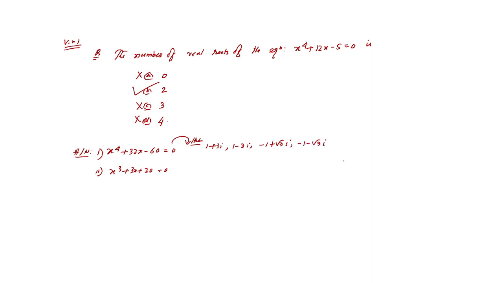That means all roots are complex, and in that question the number of real roots is 0. And here you will see the answer: half of minus 3 plus minus root 7i, and half of 3 plus minus root 11i. Again, all the roots are complex, so the number of real roots in both equations is 0. This is your homework.